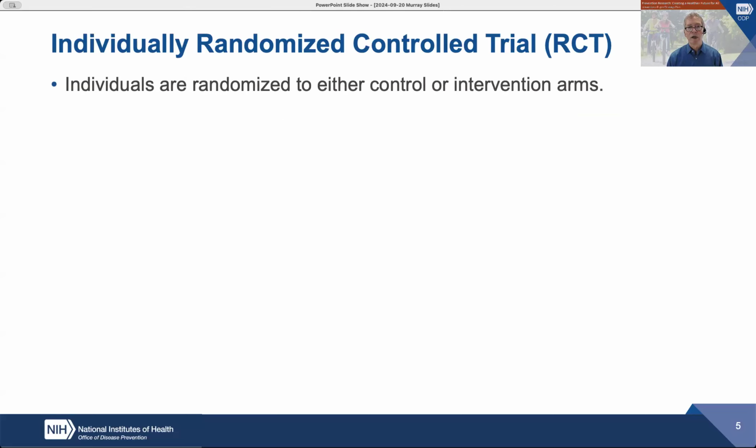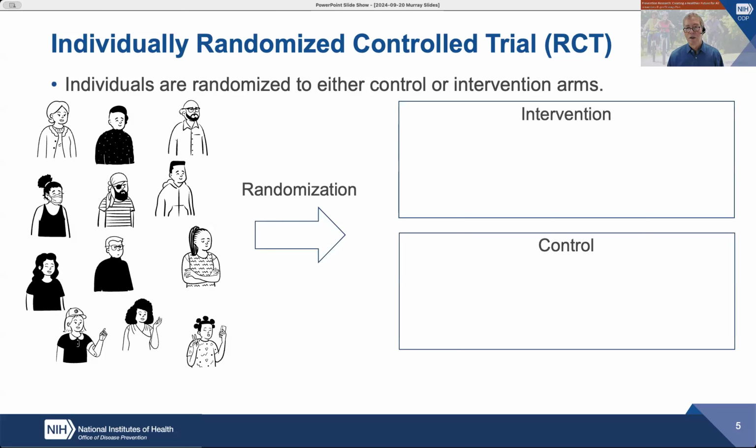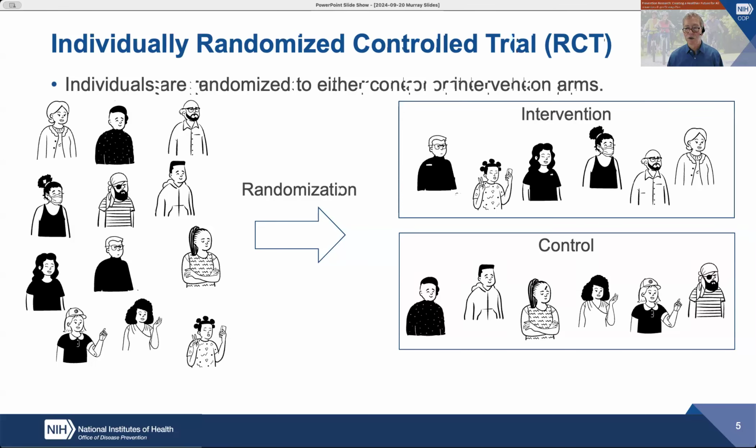In an individually randomized controlled trial, and this is the one that you're all familiar with, this is the one that you've studied already, individuals are randomized to control or intervention arms. In more complicated designs, there may be more arms, but this is the basic setup. So here we have a group of individuals. We have a randomization process to place them into intervention and control.